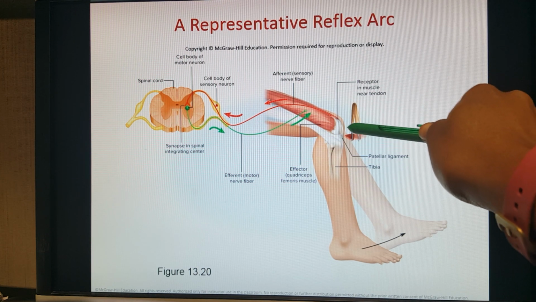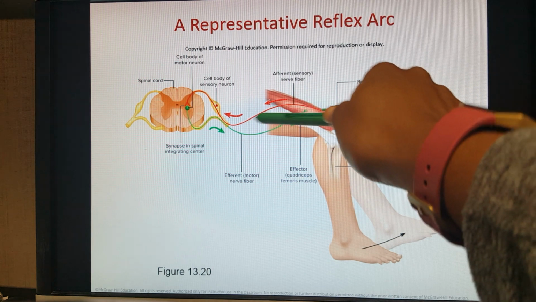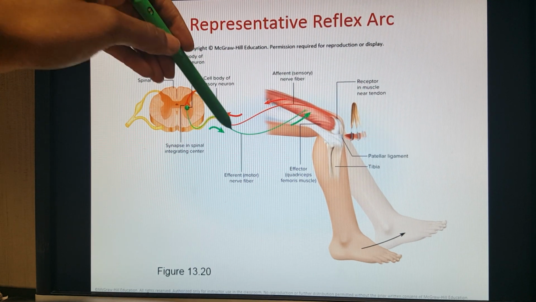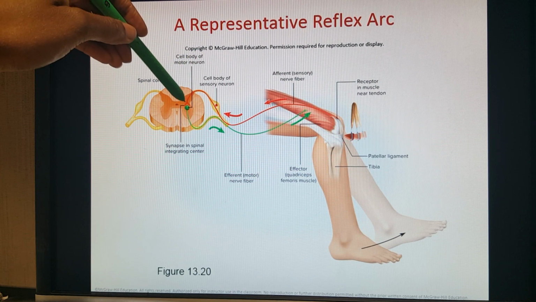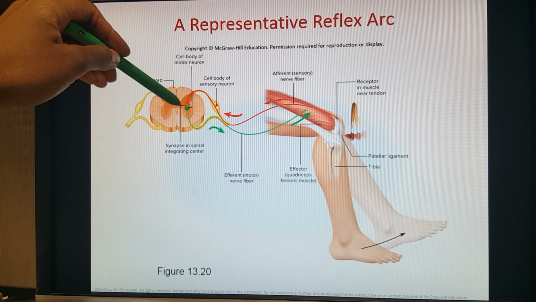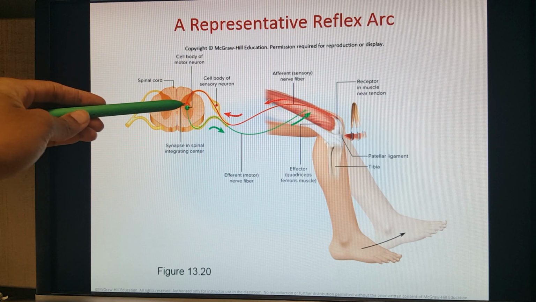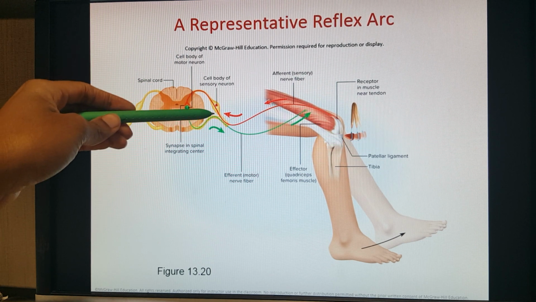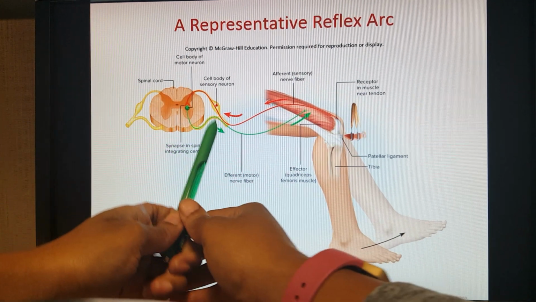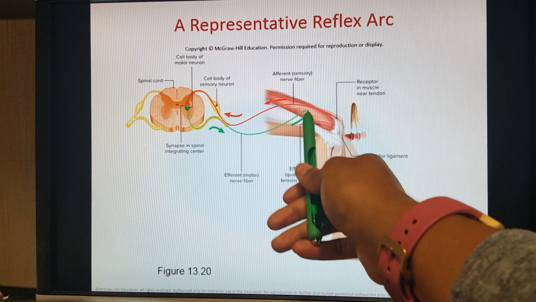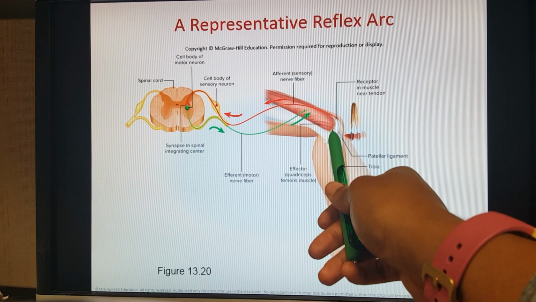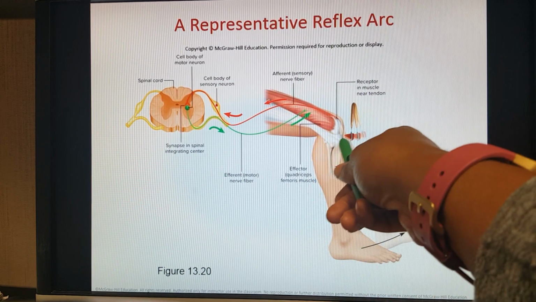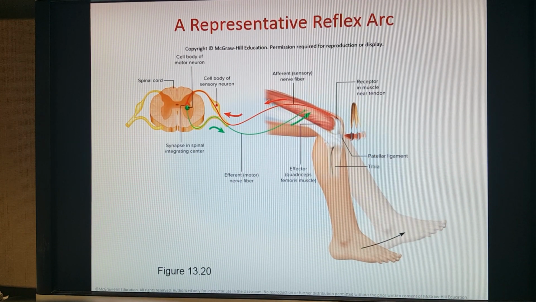The receptors then send that sensory information down the nerve fiber into our spinal cord, where it directly synapses onto an efferent nerve fiber, which sends out that motor command, causing this quadriceps muscle to contract, therefore pulling the knee away from that pressure. That is what causes that kick, a quick reflex in order to move away from that painful stimulus.